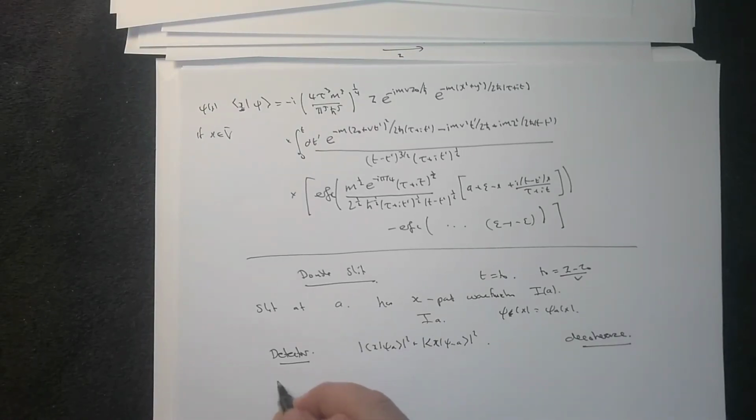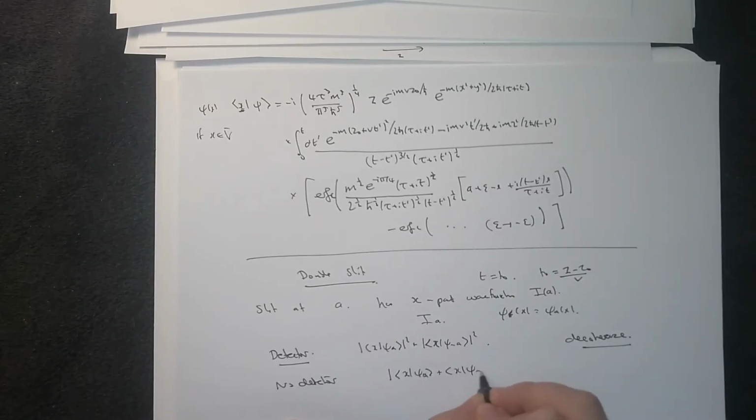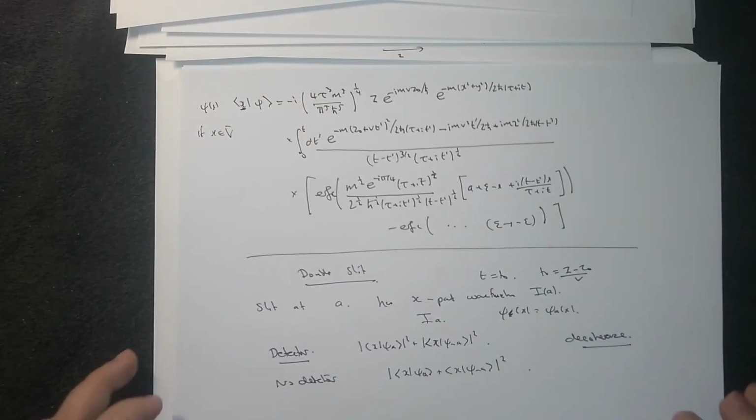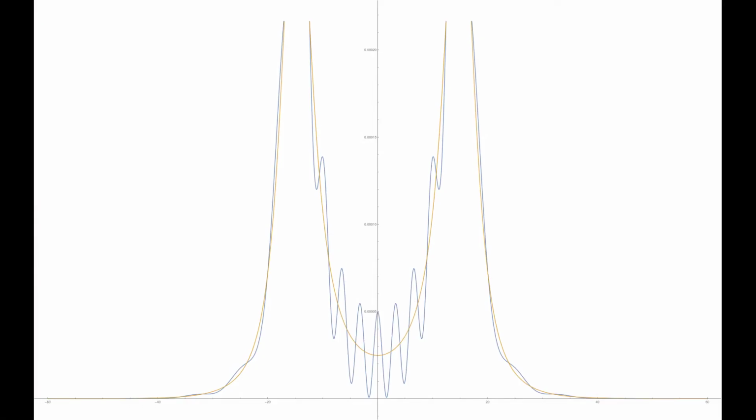For no detector, the probability will be x with psi A plus x with psi of minus A all squared, by the linearity of the Schrödinger equation. On the screen is a graph showing the probability density for the electron after it has passed the barrier.